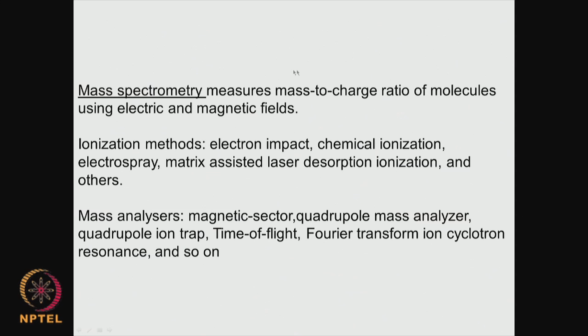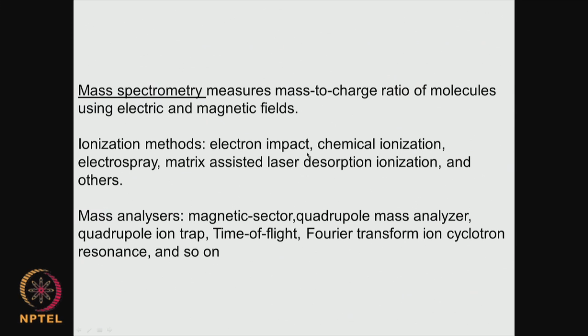What happens is it calculates the mass to charge ratio of molecules using electrical and magnetic fields. Molecules are ionized first, and then they are focused and sent to a detector or the mass analyzer. So, ionization is the first step. There are different ways of ionizing molecules.